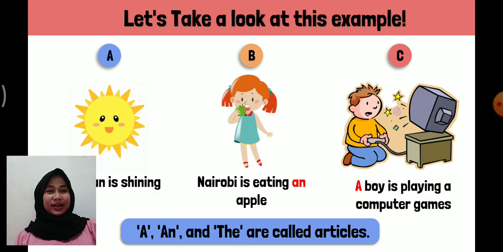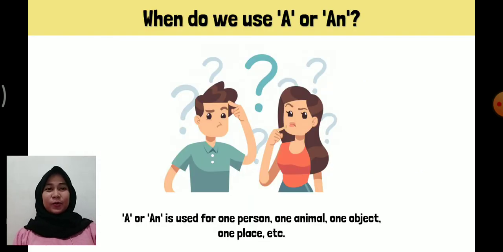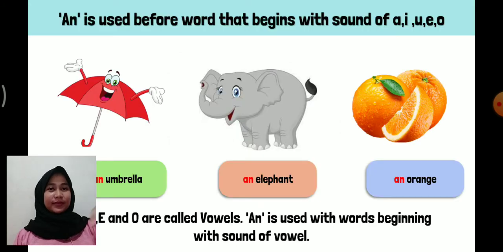And then the next slide is, when do we use a or an? A or an is used for one person, one animal, one object, one place, and etc. In the same way, an is also used for one person, one animal, one object, and one place.